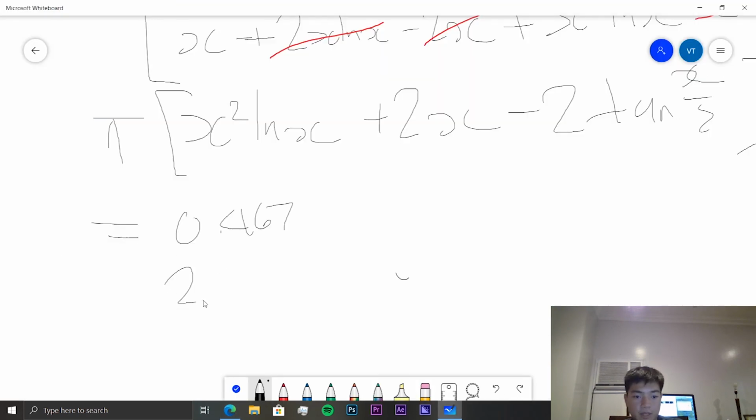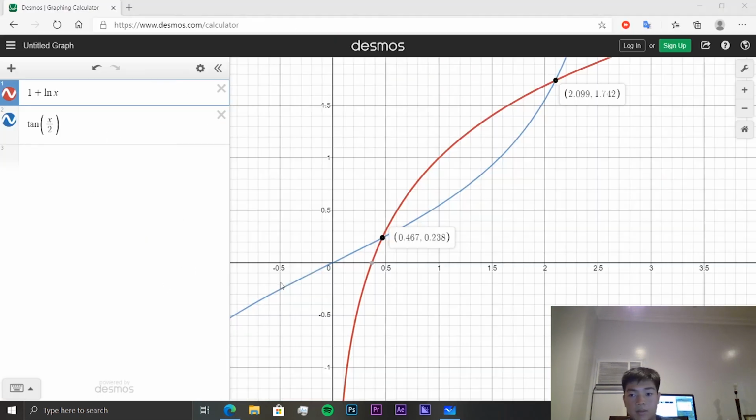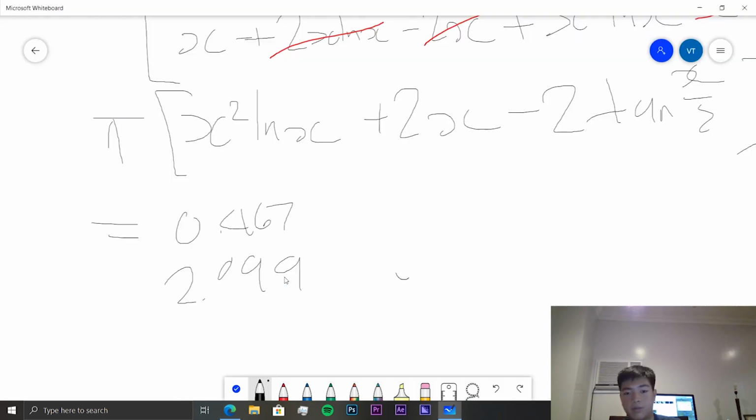So for 0.467, this is 0.467 squared times ln 0.467 plus 2 times 0.467 minus 2 tangent 0.467 divided by 2. I'm getting this equal to 0.292.